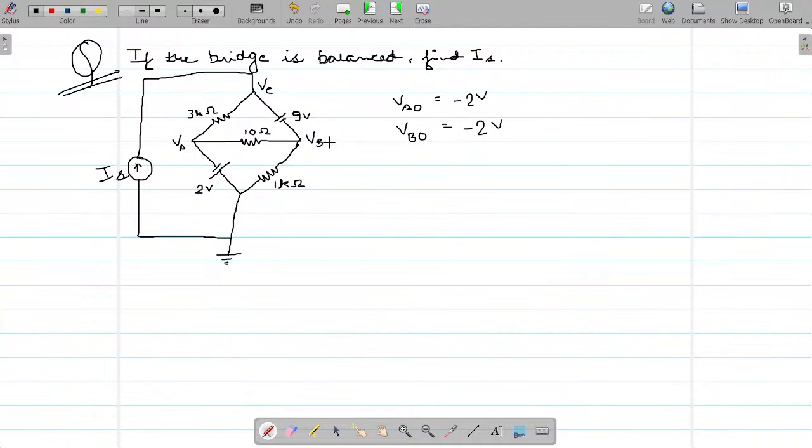If it is minus 2, can I say this is point C, this is point B, right? The potential between point C and B is already given to you.